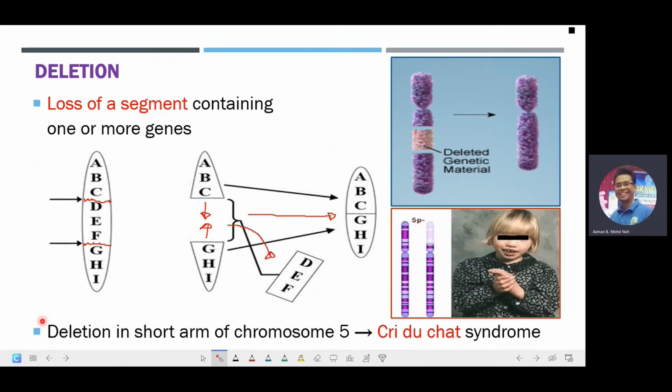One example of a genetic disorder caused by deletion is a syndrome known as Cri-du-chat syndrome, or the cry of the cat syndrome. This is due to the deletion of the short arm of chromosome number 5.